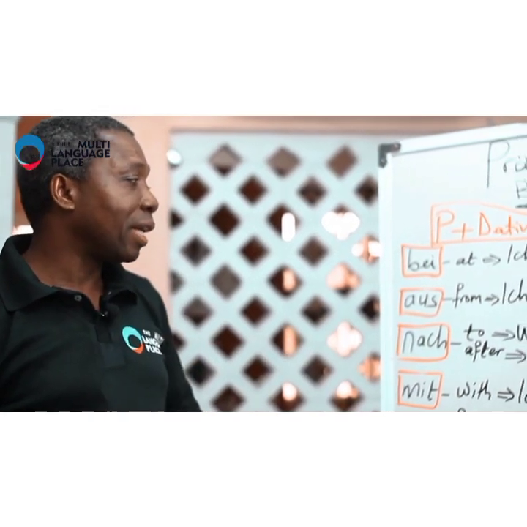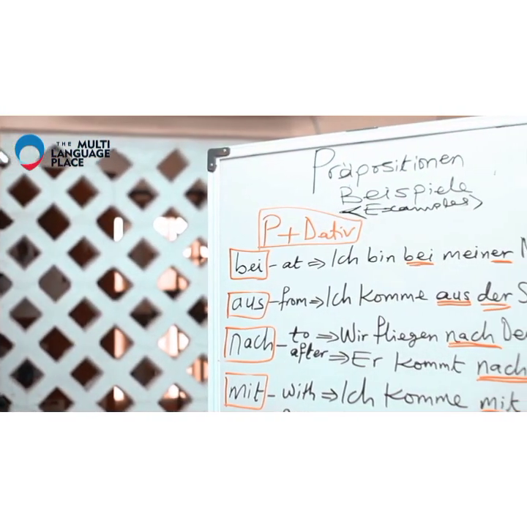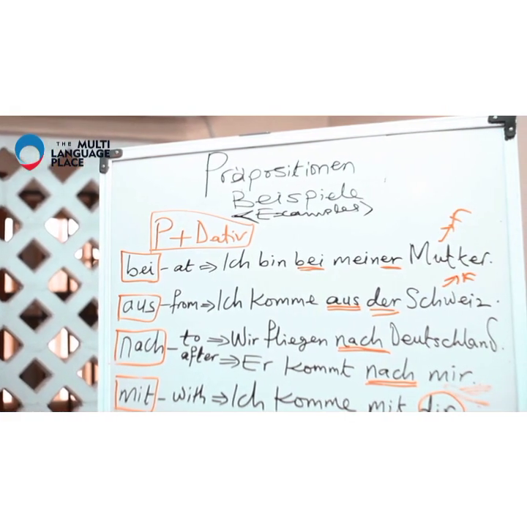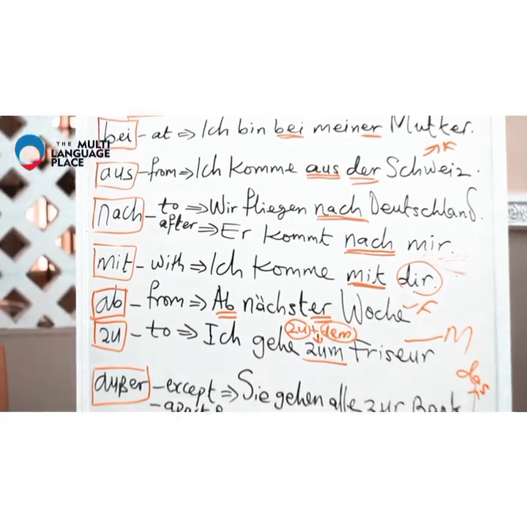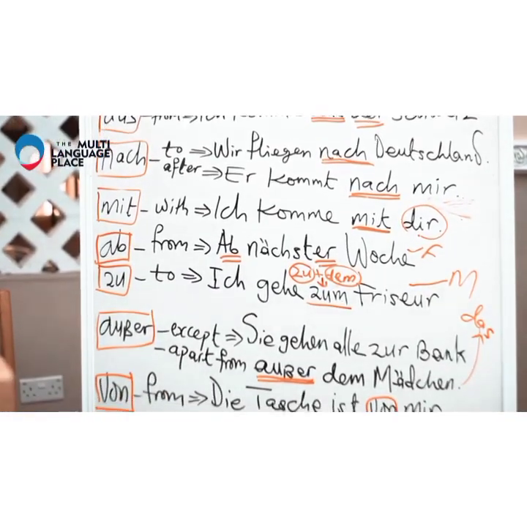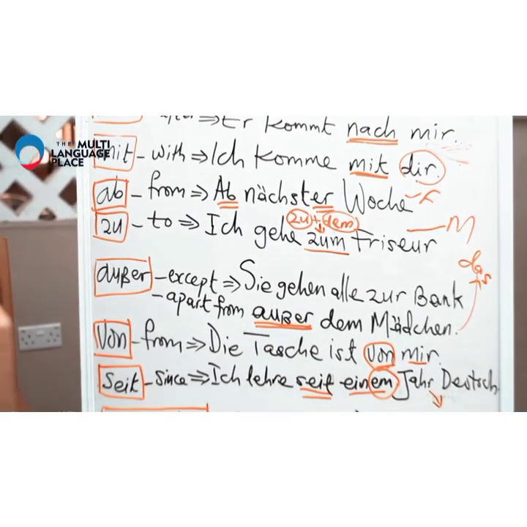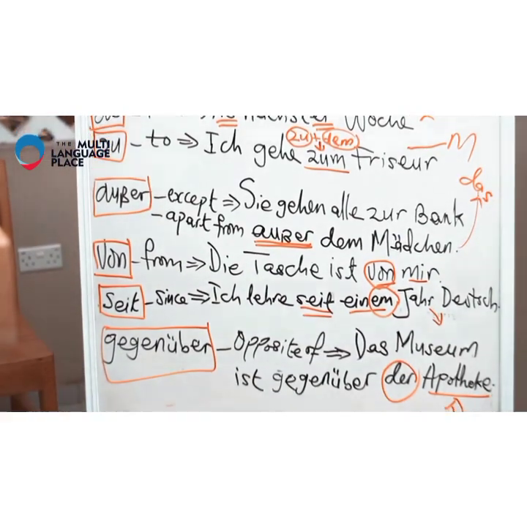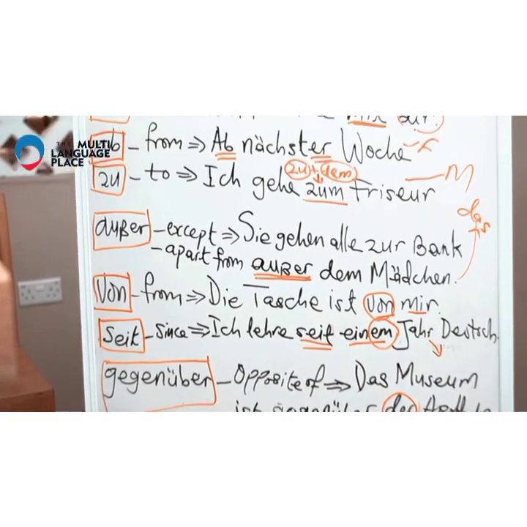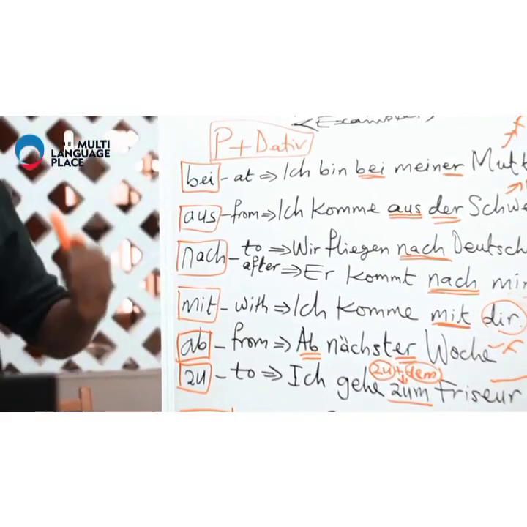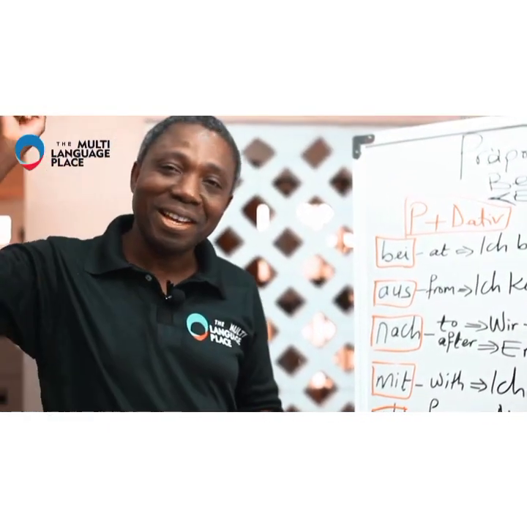I repeat them again: bei, aus, nach, mit, ab, zu, außer, von, seit, gegenüber. Okay, so now we go to the prepositions that are controlling both dative and accusative.